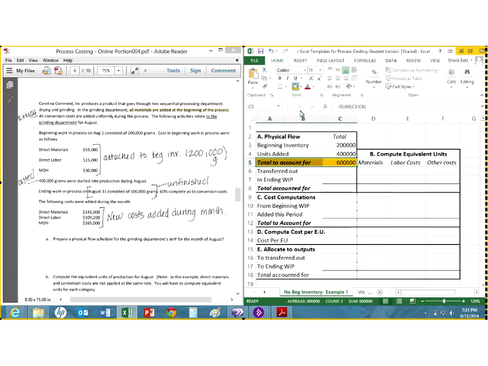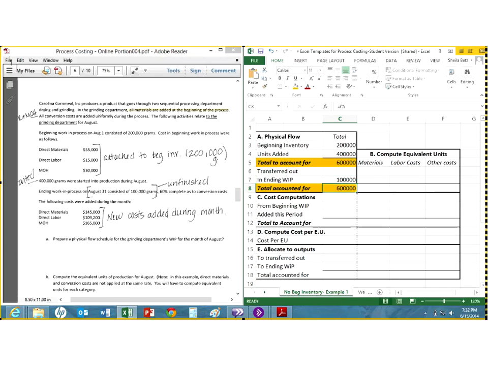Here's a nice little trick: this total to account for has to be the same in both areas. So if I already know my total to account for is 600,000 grams, I can automatically fill that in. Now, it tells us that ending work in process on August 31st consisted of 100,000 grams, so where it says ending work in process, I'm going to write 100,000 grams.